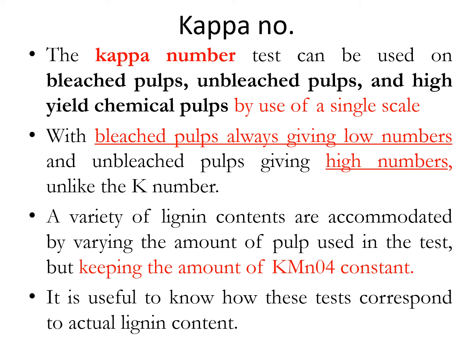Just listen to it very carefully. A variety of lignin content, because you are getting the lignin content of unbleached as well as bleached pulp, is accommodated under this test by varying the amount of pulp used, but keeping the amount of KMnO4 constant.